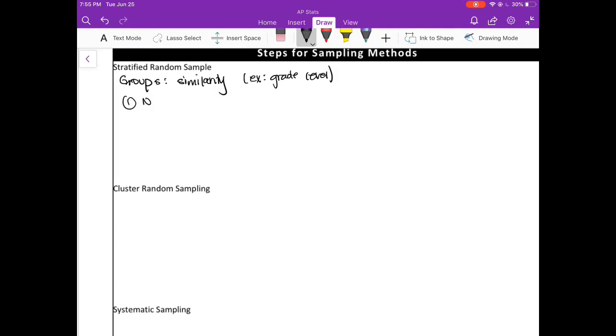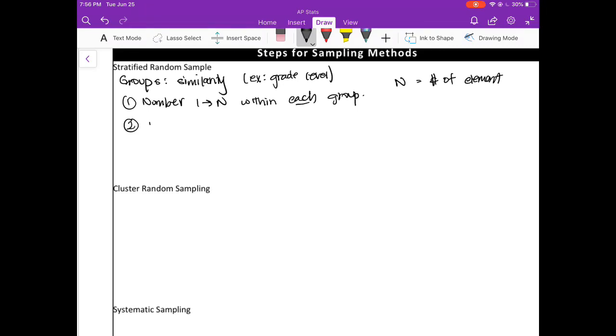Then number each, so number from 1 to n within each group, okay? And then remember that big N equals the number of people or number of elements, okay? So big N is the number of elements, small n is our sample size.